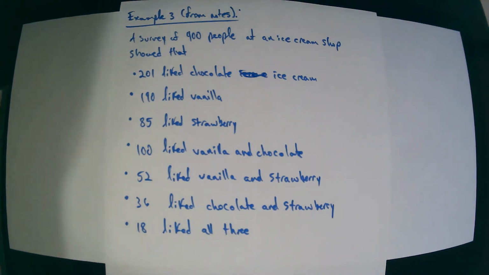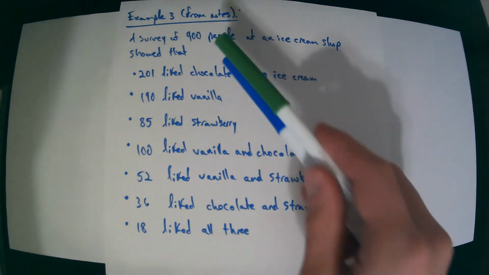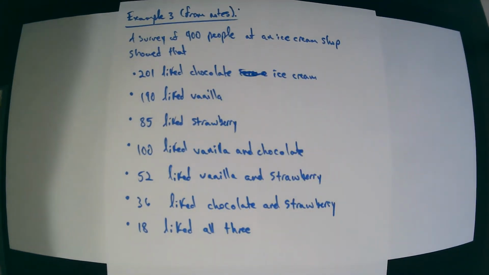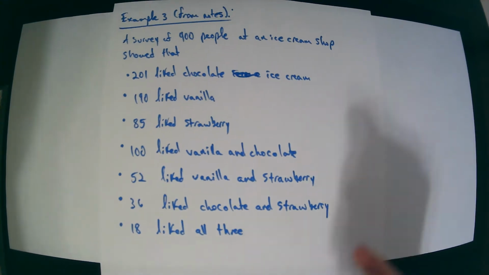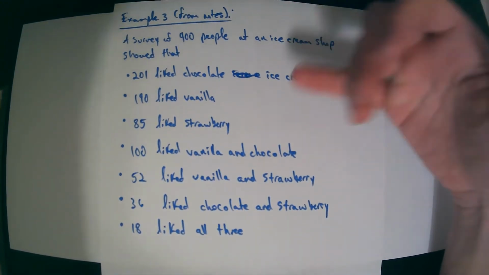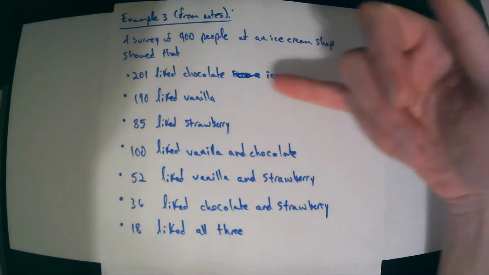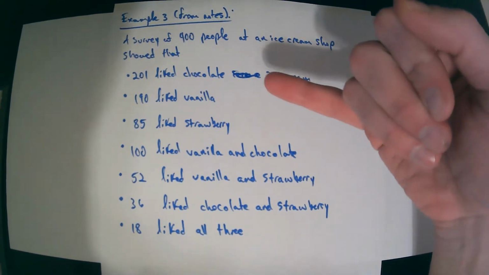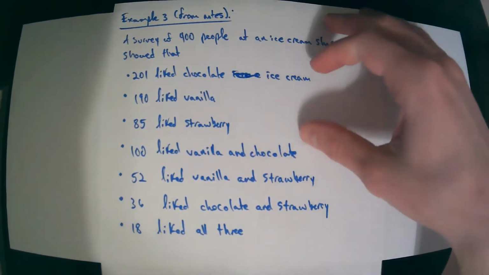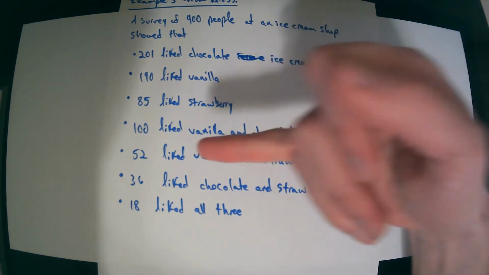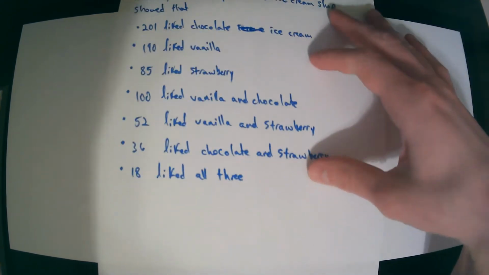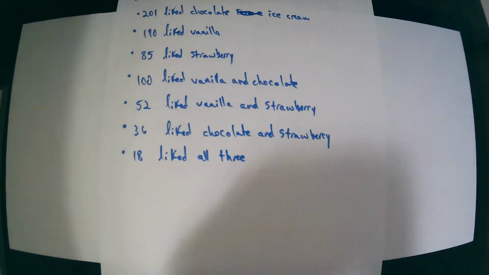But we're just going to show what can happen with just 3. So we've got chocolate, vanilla, and strawberry ice cream. And we've got the number of people that like chocolate, the number that like vanilla, strawberry, people that like vanilla and chocolate, chocolate and strawberry, vanilla and strawberry, and then the people that liked all 3.